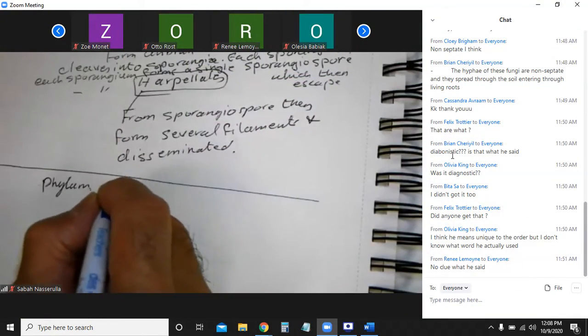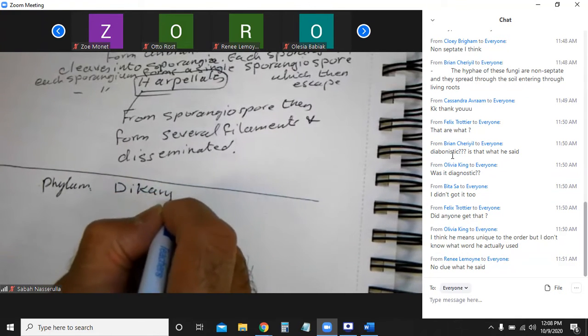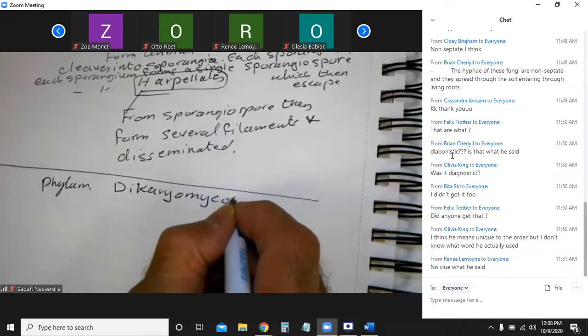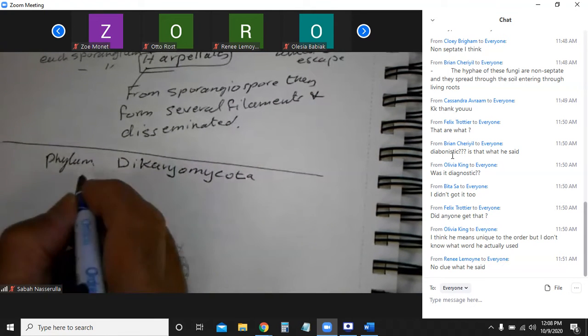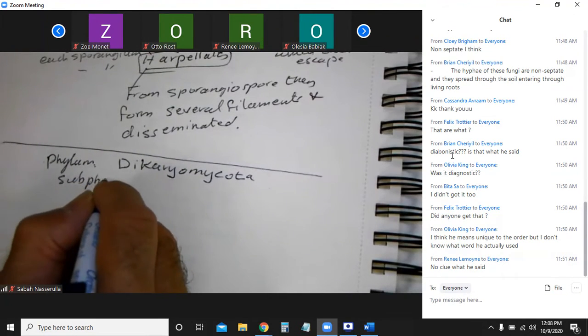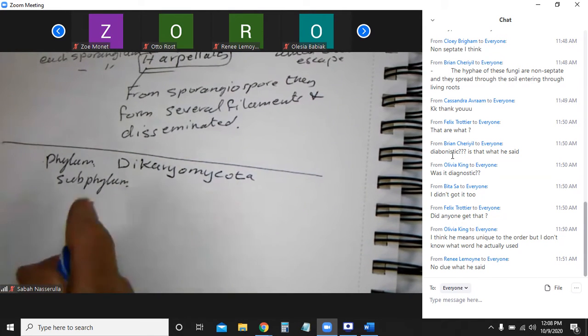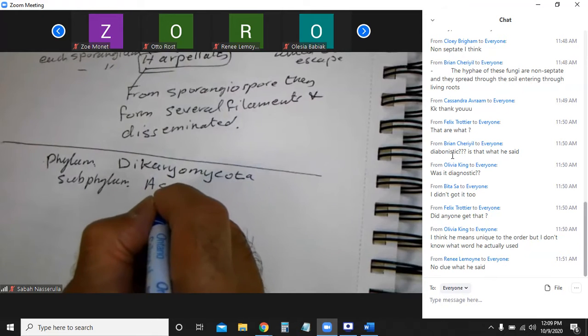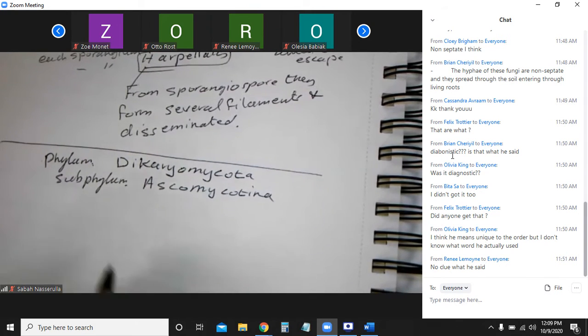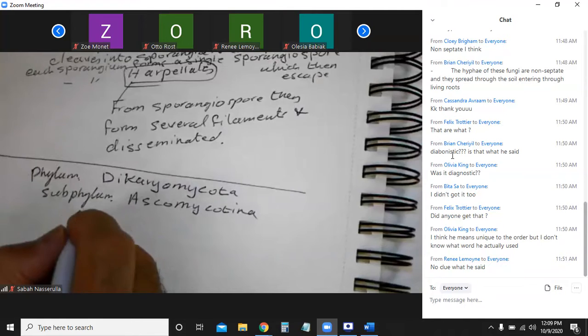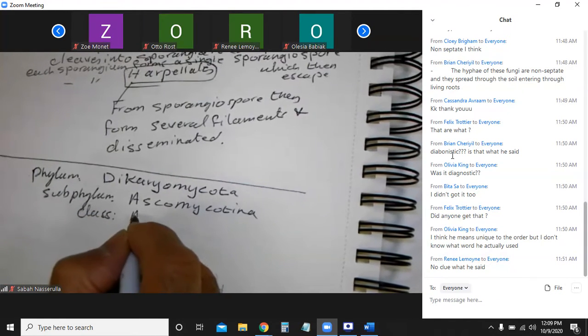Now I am going to move gradually to the phylum Dikaryomycota. This basically includes two large groups. We have in this group the subphylum known as Ascomycotina, and the class in it is known as Ascomycetes.